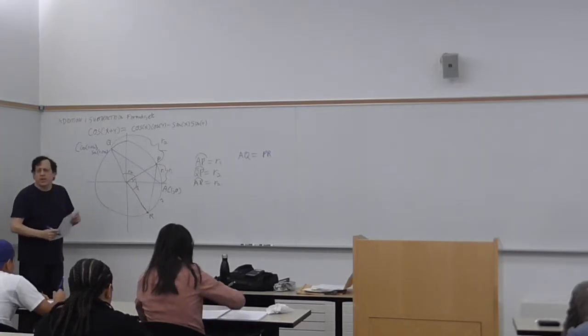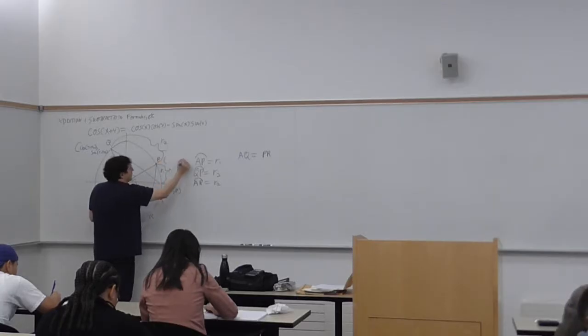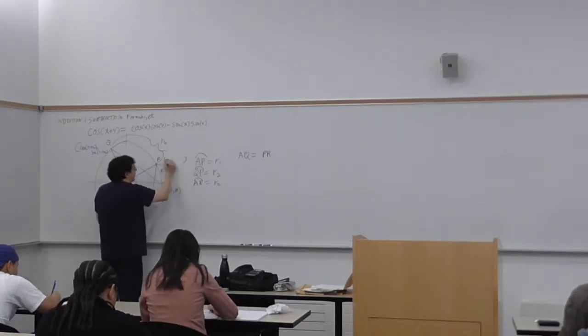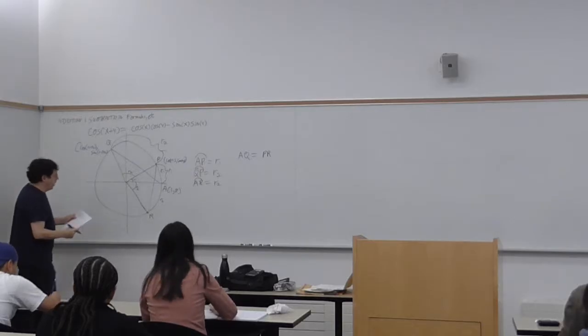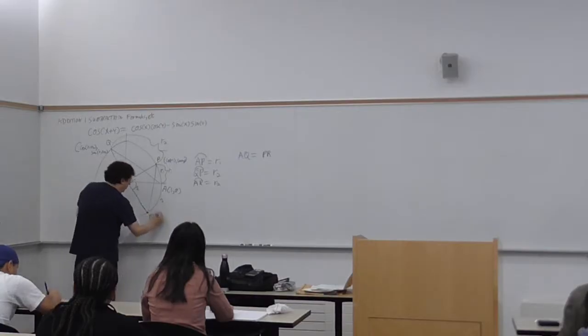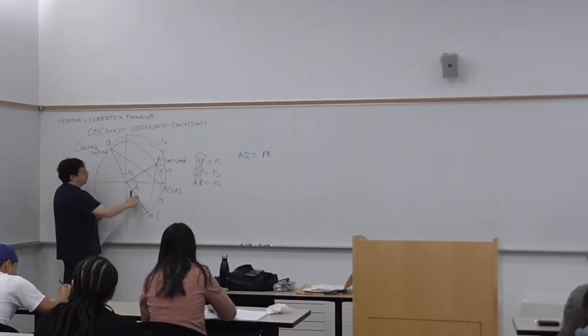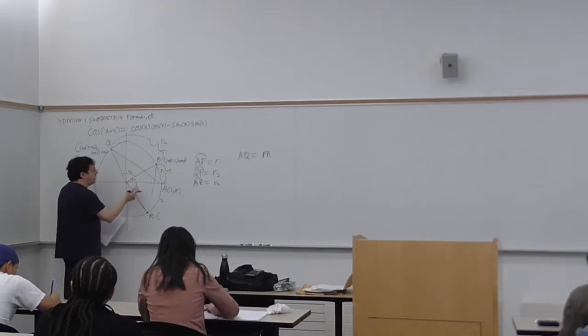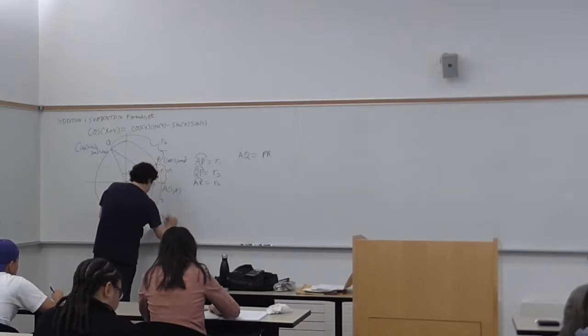R1 plus R2, that's just an angle. Coordinates of P, well, since this angle is R1, cosine of R1, sine of R1. And finally, the point R here, well, this angle is R2, but from the unit circle point of view, this is negative R2, right? So this is the cosine of negative R2, sine of negative R2.